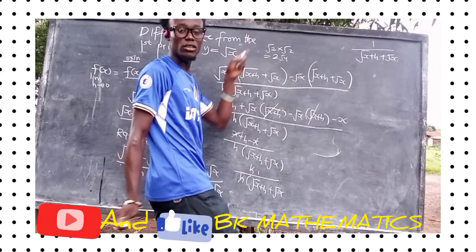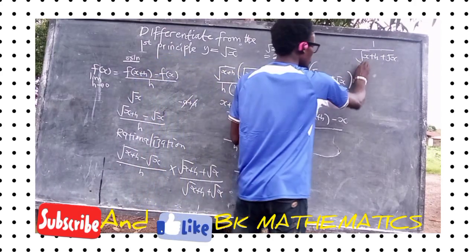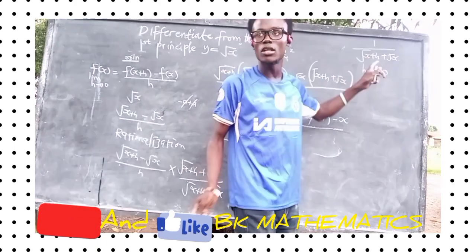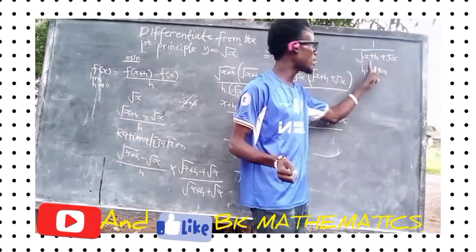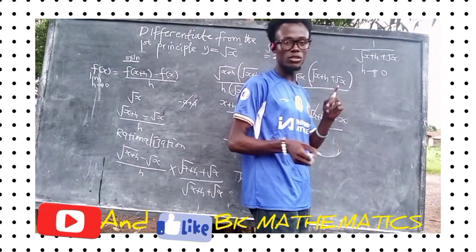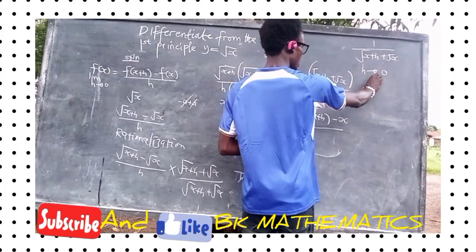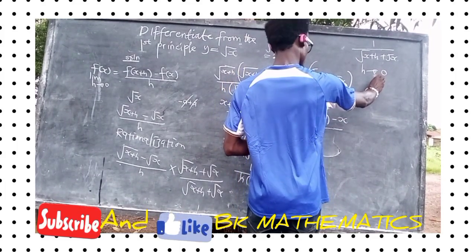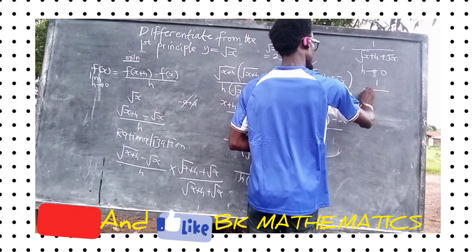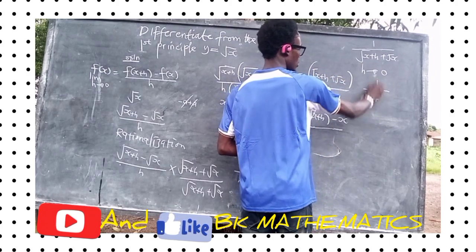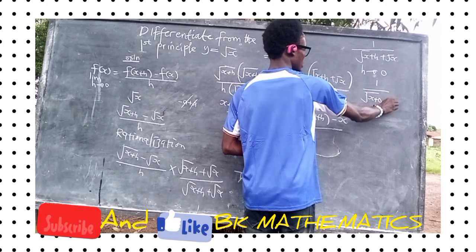Now let's recall that we are given h tends to 0, meaning we substitute 0 anywhere we see h. So we have 1 upon the square root of x plus 0, plus root x.